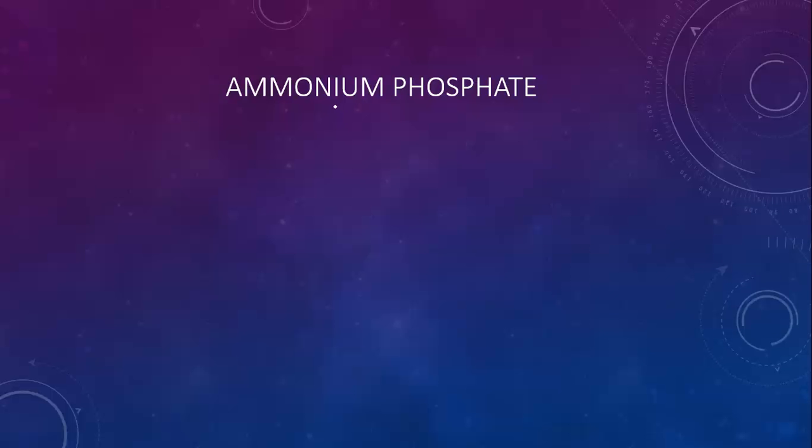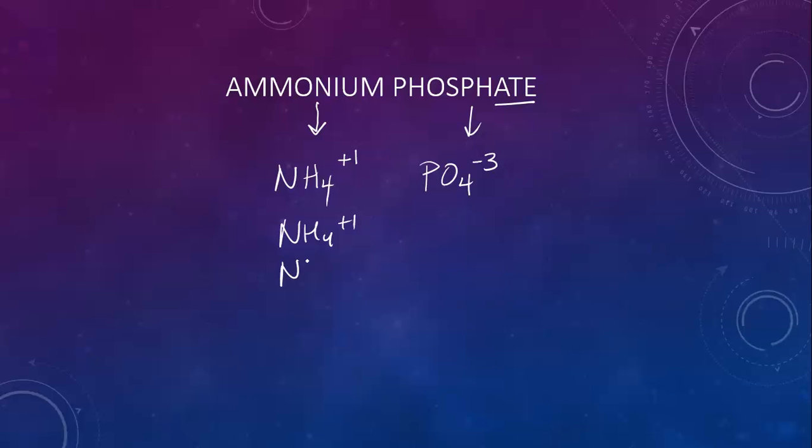You're not going to find it because there is one positive polyatomic ion, and its name is, you guessed it, ammonium. Phosphate ends in ATE. It's a polyatomic ion. It is PO4 negative 3. Okay, so we have a positive 1, negative 3. As you can imagine, we're going to need 3 of these monstrosities.